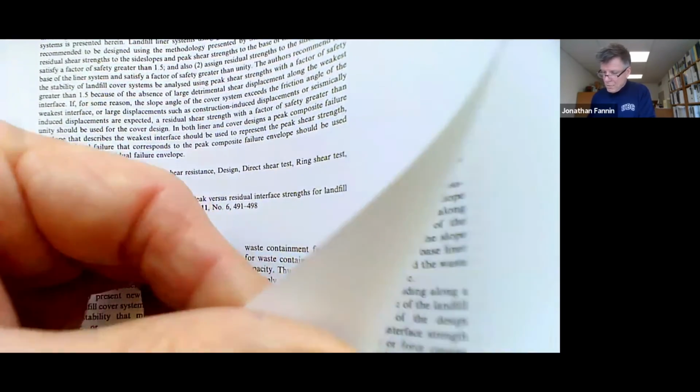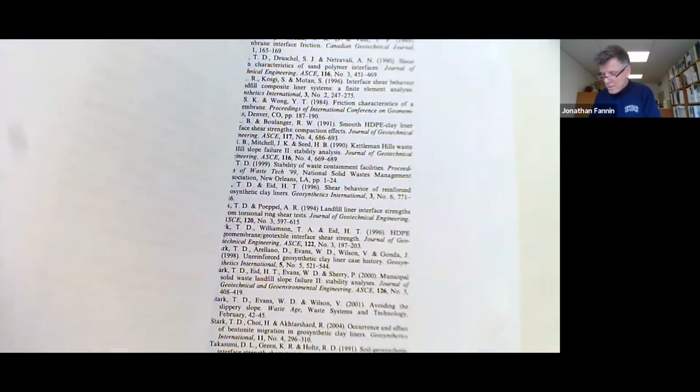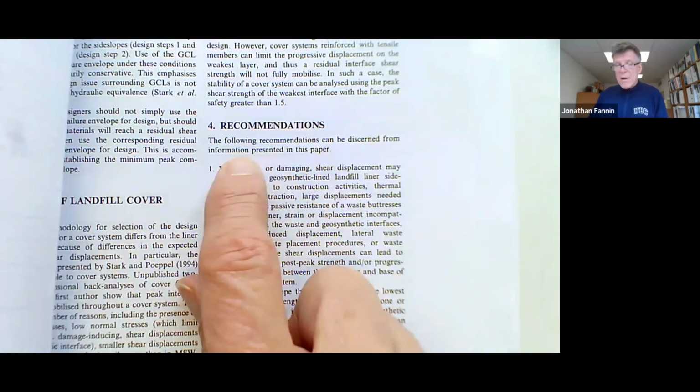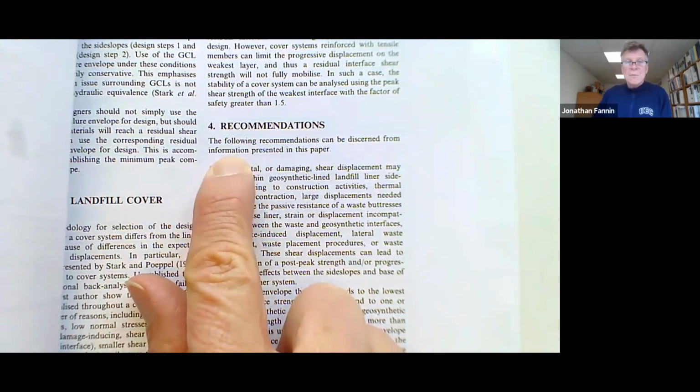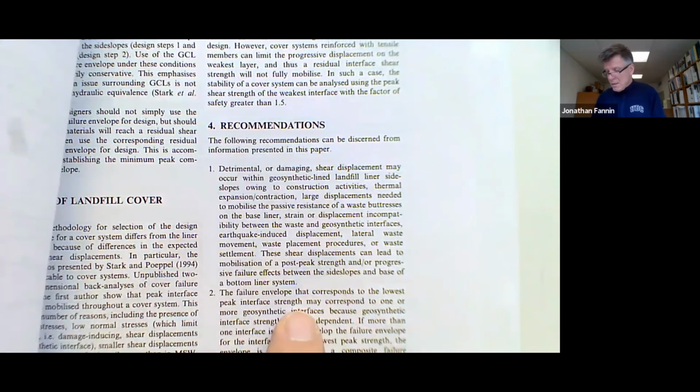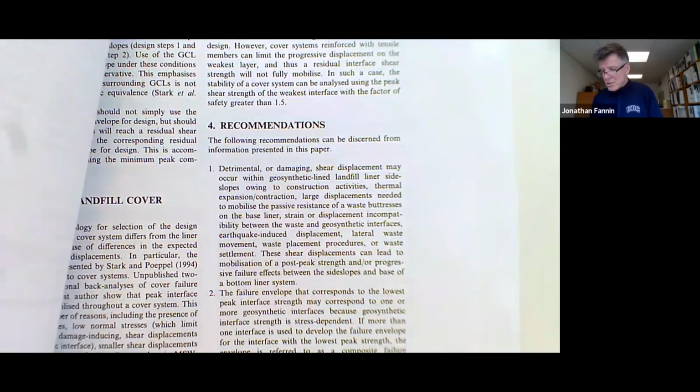Okay, those 4 recommendations, doubtless you're very familiar with them. They draw upon the Kettleman Hills along the way. But 4 recommendations can be discerned from information presented in this paper. All right, so now let's look at those recommendations.